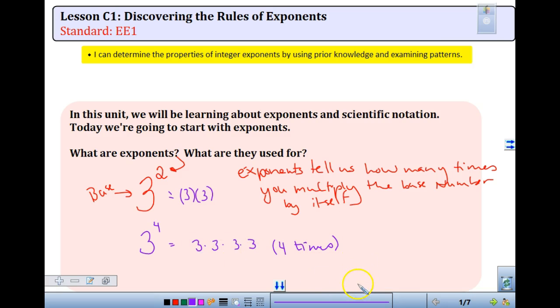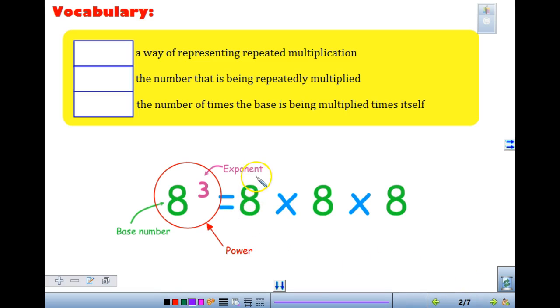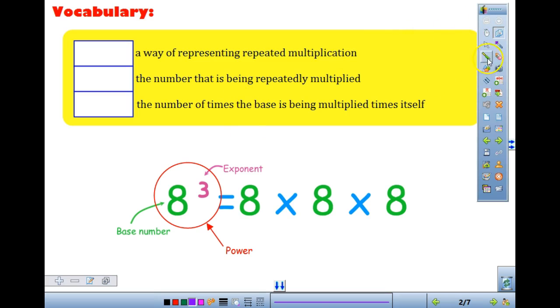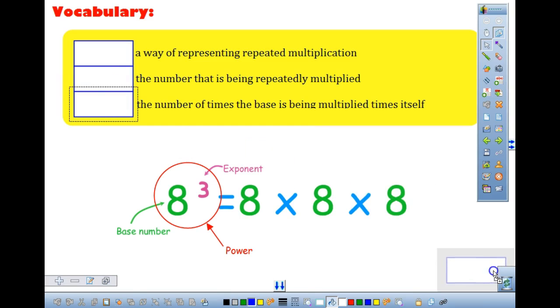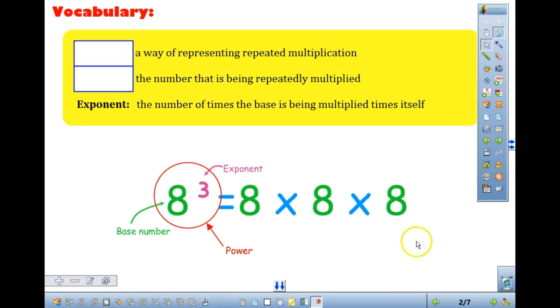Now, the next part down is looking at the vocabulary for what we just put up here. They already said the exponent. So the exponent is which of these we are looking at: the number of times the base is being multiplied, right? That's our exponent. That's what you guys just told me.